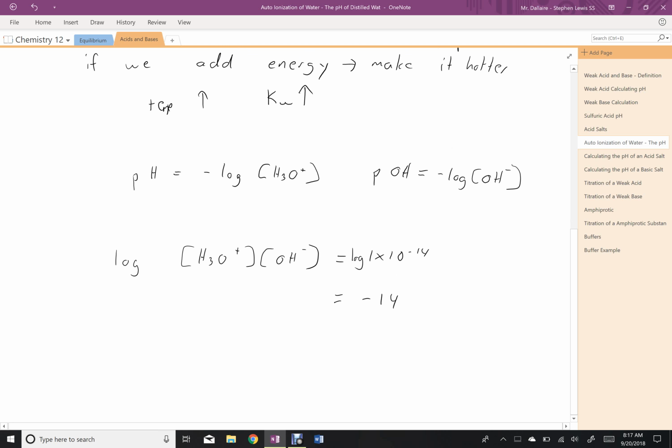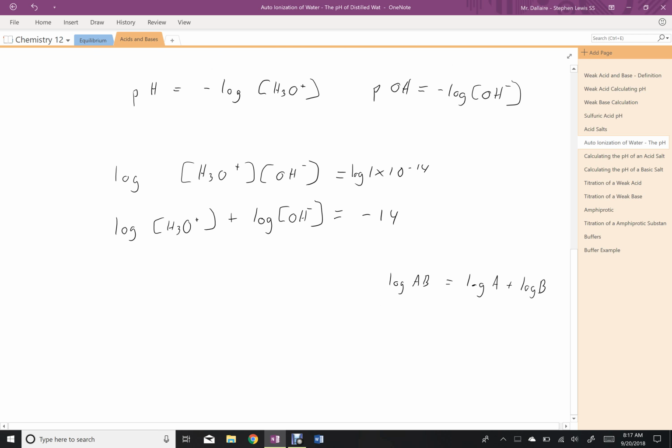And over here, one of our properties of logs is that log AB is equal to log A plus log B. So we can take advantage of that and split this log into log H3O plus and plus log OH minus.